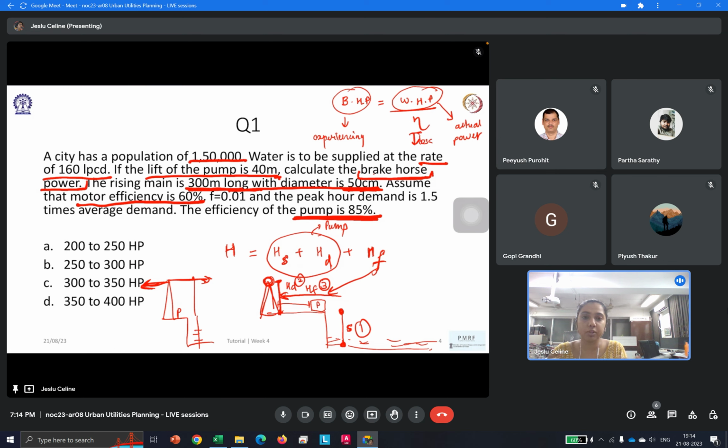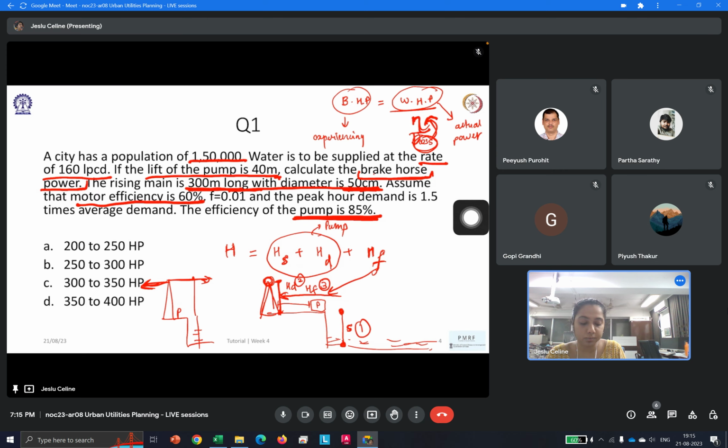After accounting for this loss, which comes in the efficiency: if the pump is more efficient, there will be less loss, or if the motor is more efficient, there will be less loss. So that is taken care of by this efficiency term.